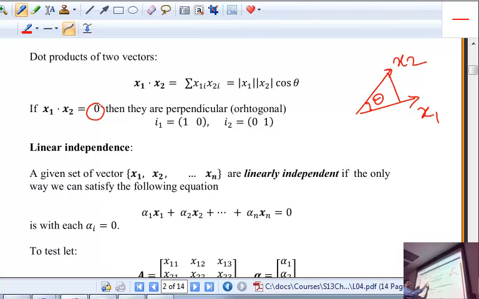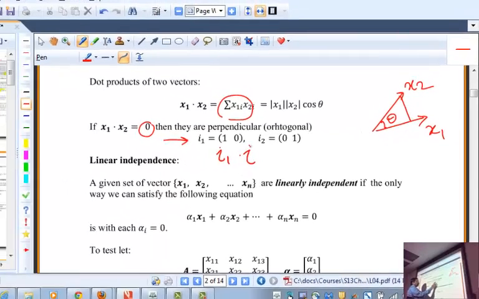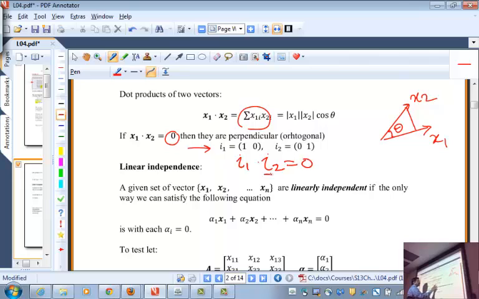Okay, and this is an example of dot product between two unit vectors, I1 in the x1 direction, which has the components of 1 and 0, and I2 which has 0 and 1. So if I apply that definition onto this, I1 dot I2 will be 0. And that means they are perpendicular.